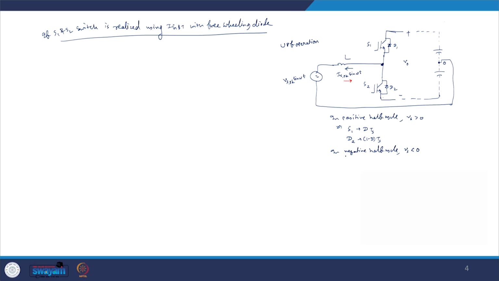So we can say that in the negative half cycle, the S2 switch will be on for 1 minus dTs period, and the D1 diode will be turned on for dTs period, because of the current direction, they are in conduction.